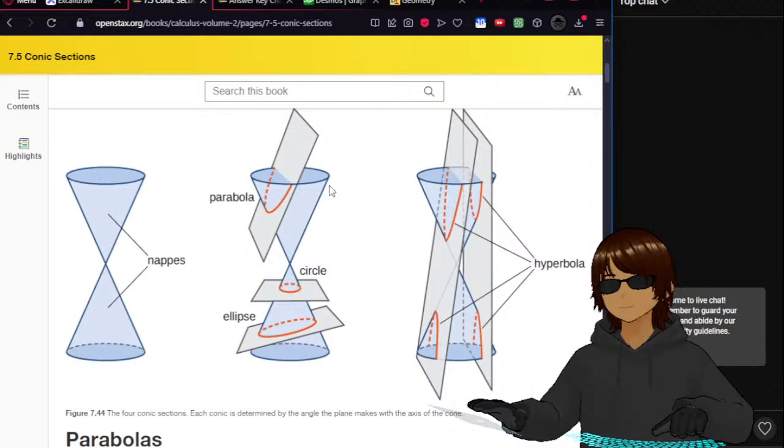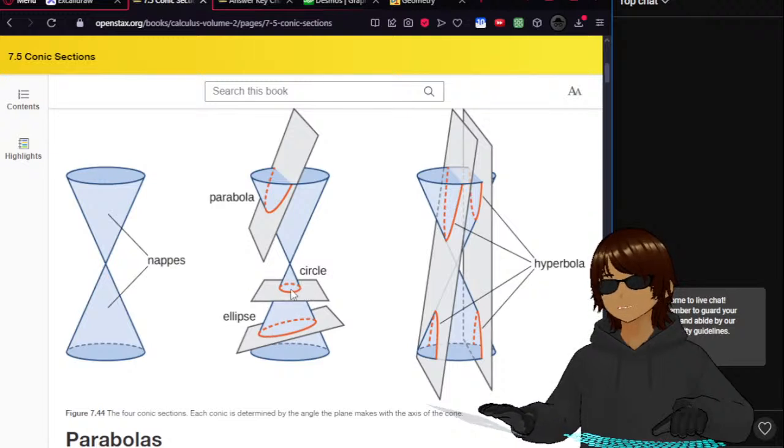If the plane is steeper than the parabola plane, then the intersection you get is a hyperbola. If the plane is less steep than the parabola plane, but not exactly parallel to the x-axis, then the intersection you get is an ellipse.